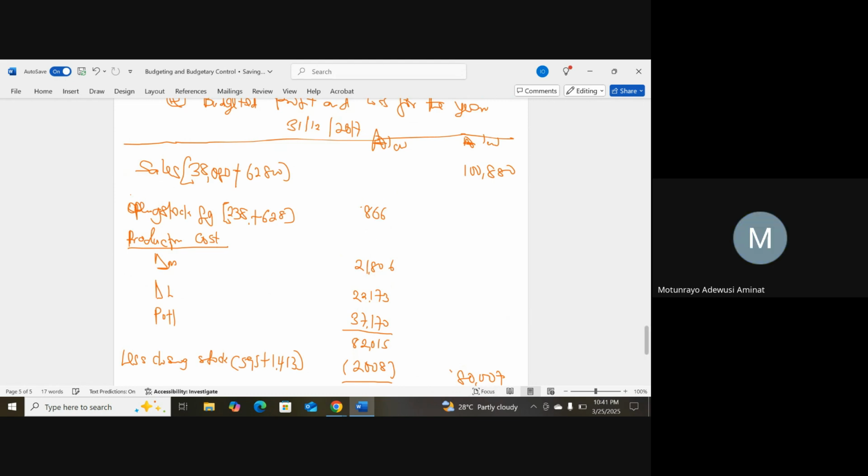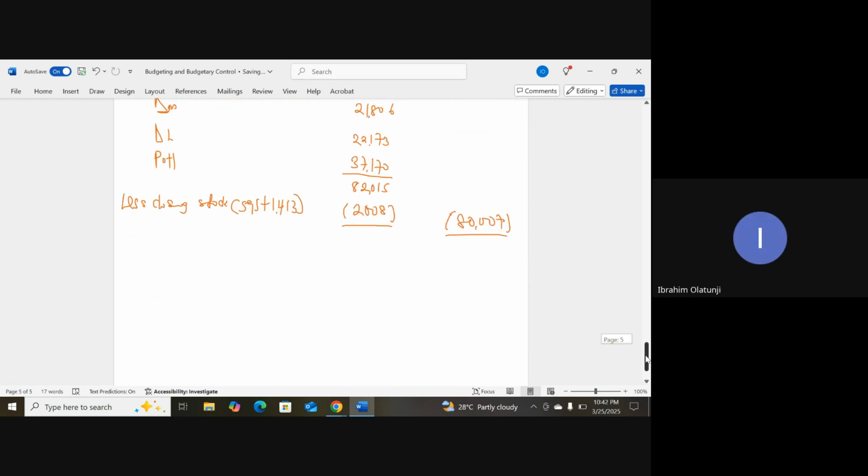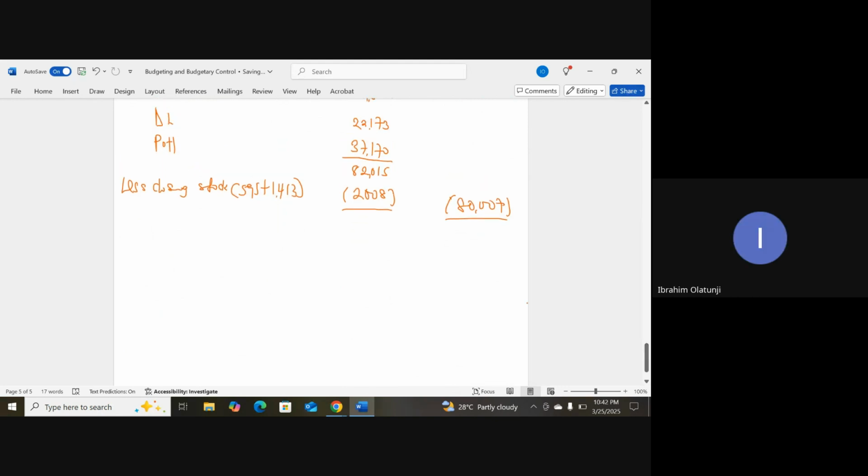Bracket it and remove it from your sales, so that you get your gross profit.